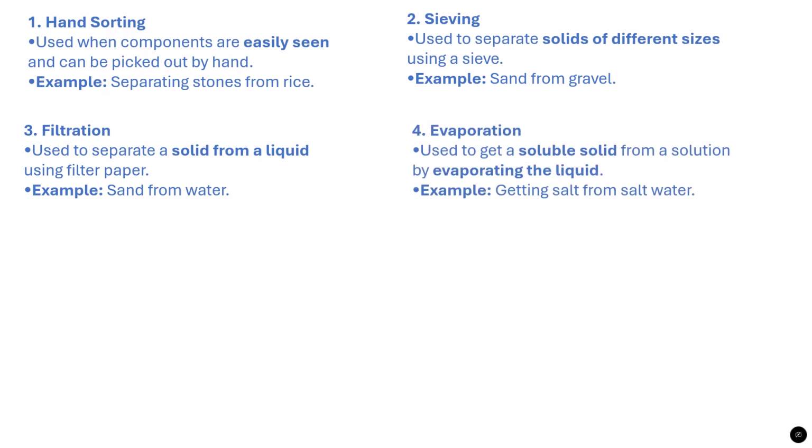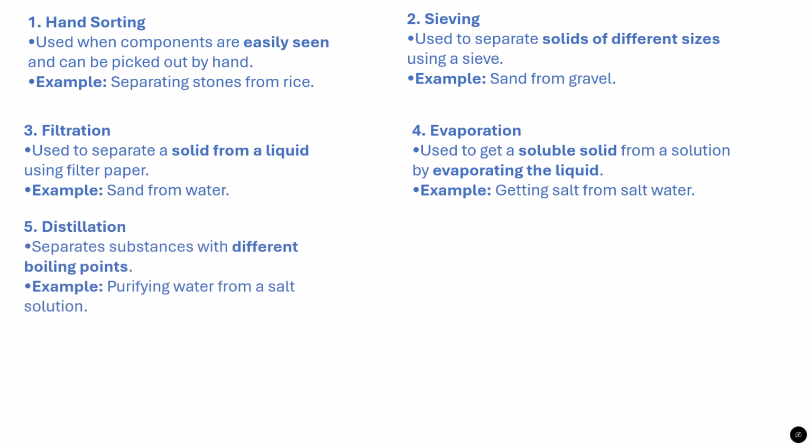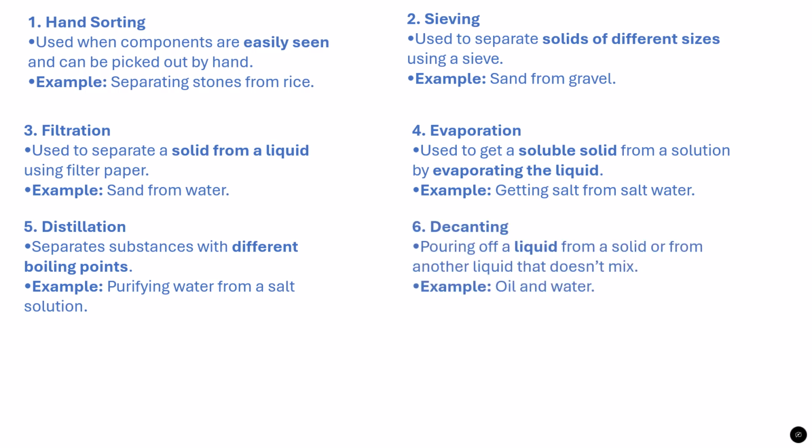Then we have evaporation. It is used to get a soluble solid from a solution by evaporating the liquid. You're getting salt from salt water. Then we get distillation. It separates substances with different boiling points. You purify water from a salt solution. Then we get decanting.